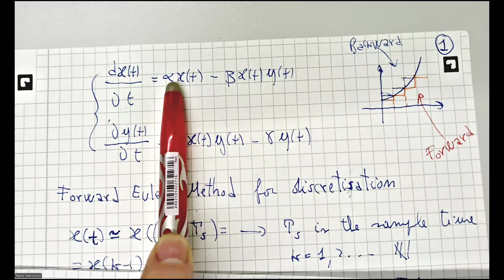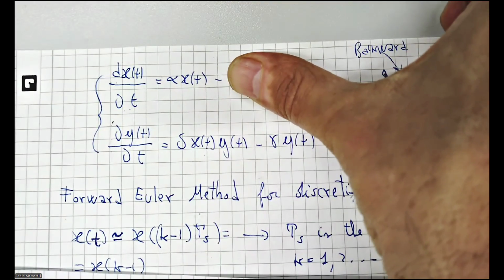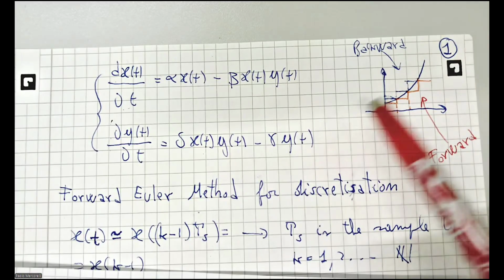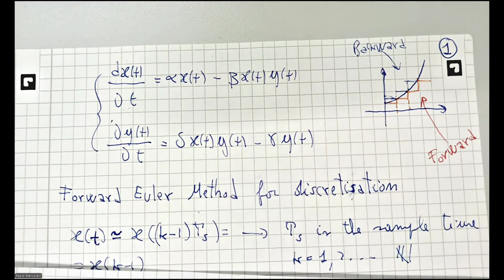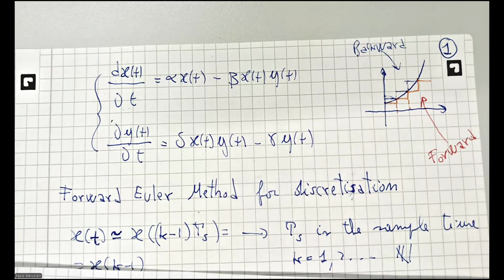I don't know if you remember the solution of this differential equation, if alpha is positive. Of course, this model has some limitations, because even if in an ecosystem we don't have predators, the number of preys does not increase indefinitely, until infinity.